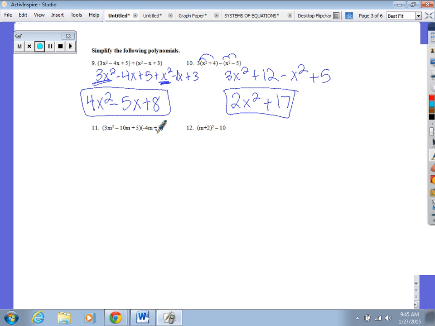Yeah, you can make a chart if you wanted to. It's however you want. If I did a chart, 3m squared minus 10m plus 5, and then on this side, I'd be multiplying negative 4m plus 3. Make little bitty slots for it. It's however you want to set it up.